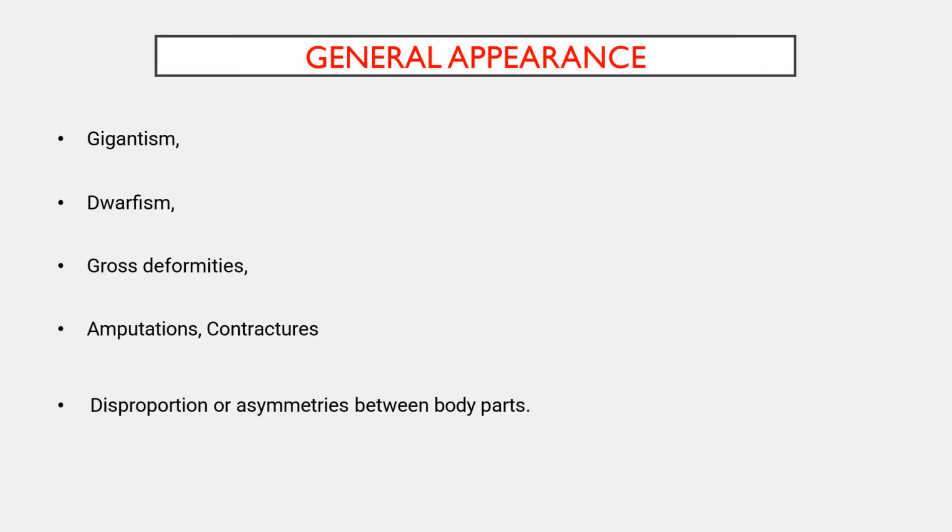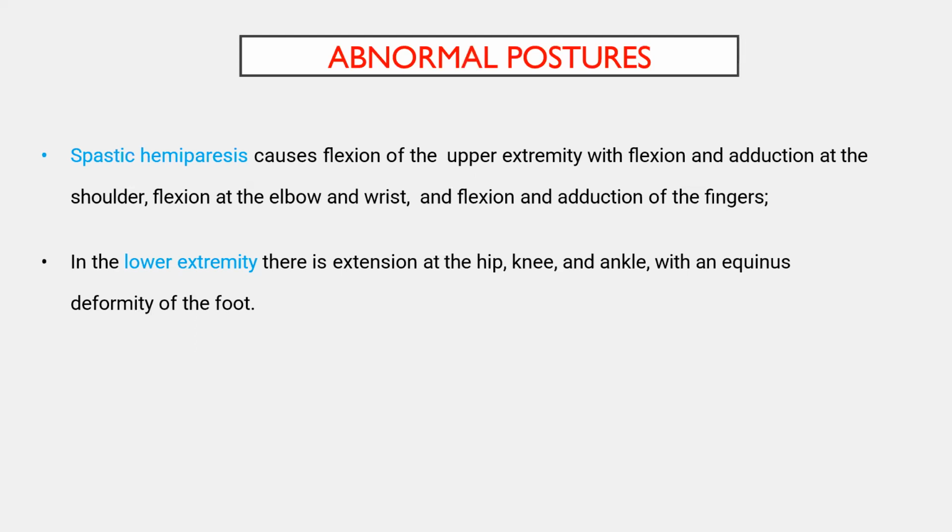Okay, next slide. Abnormal postures. All of you know spastic hemiparesis, with circumduction gait. Due to the corticospinal tract lesion, in the upper limb it predominantly causes flexion and adduction deformities, and in the lower limb extension and abduction deformities.